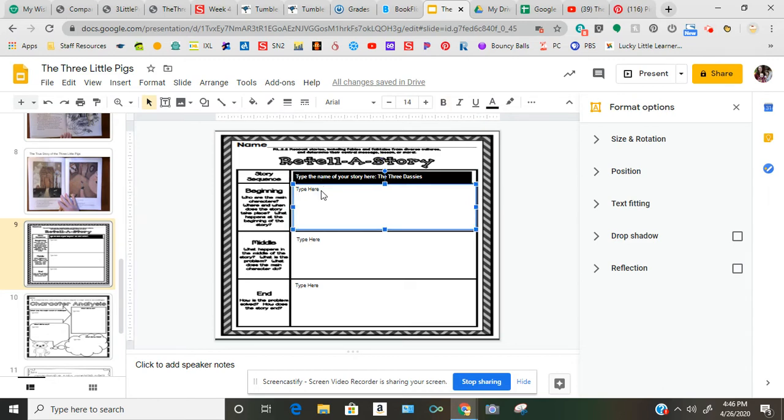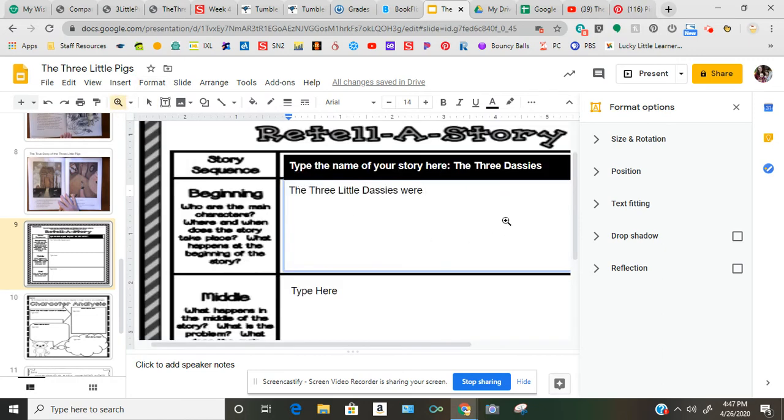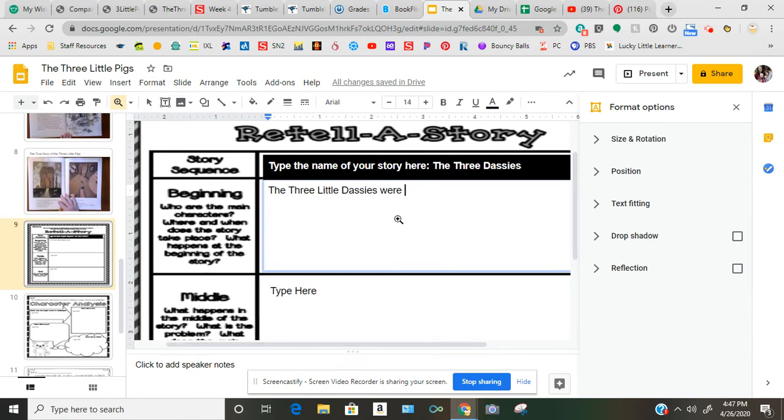So I'm ready to type in this box. I can delete my type here and I can write: The Three Little Dassies were, and I can say their names because in this book, the author told us the names of all of the characters. I'm actually going to zoom in here real quick so we can see a little bit better. The Three Little Dassies were Mimby, Timby, and Pimby, I believe.